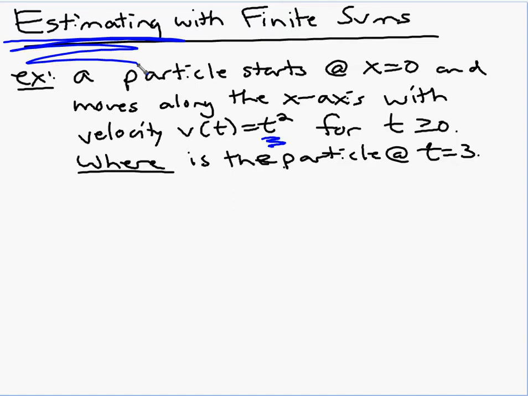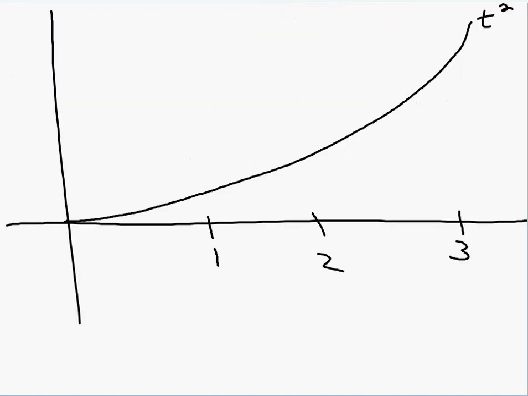We are going to estimate the area under the curve. Okay? And how are we going to do that? Well, we're going to break each of these intervals up into fourths, like this.